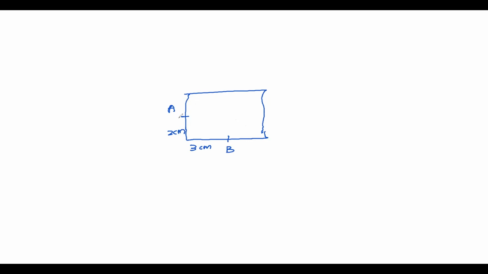Once the feeding line is connected to the point A, then the side which is facing the feed line is going to be 2 centimeters, right? So 2 centimeters is lower than 3 centimeters.